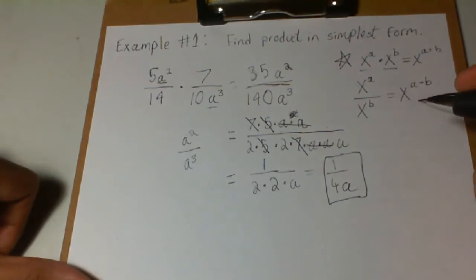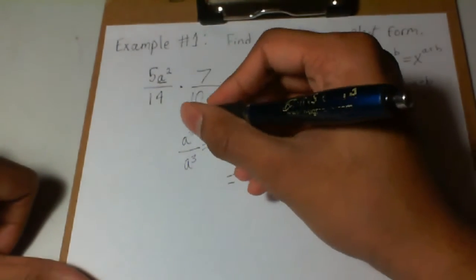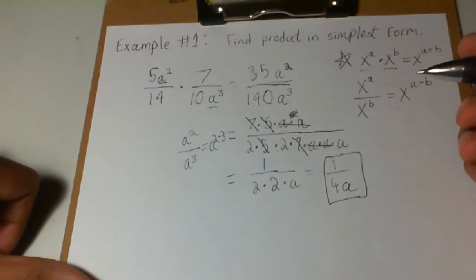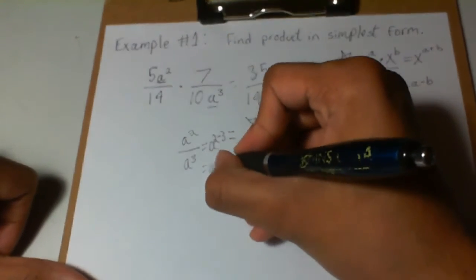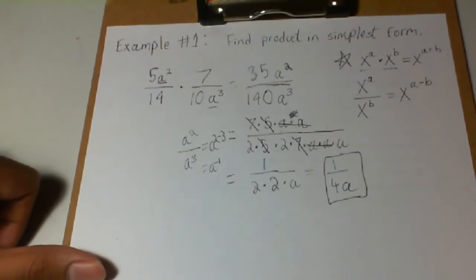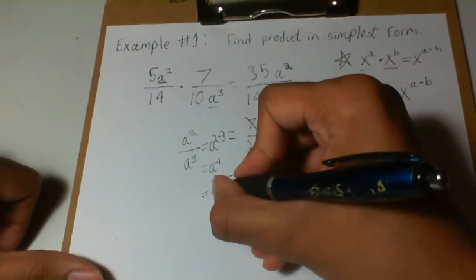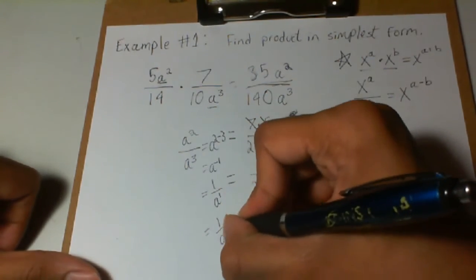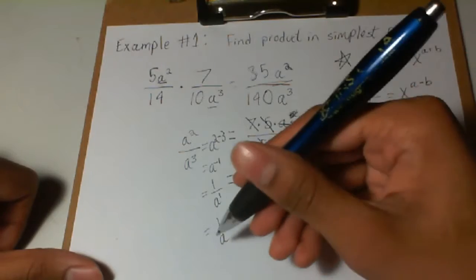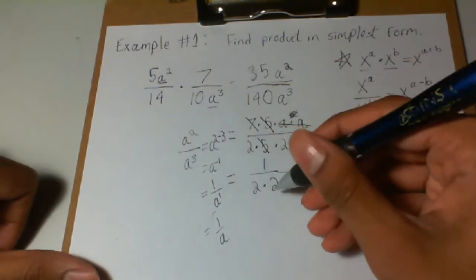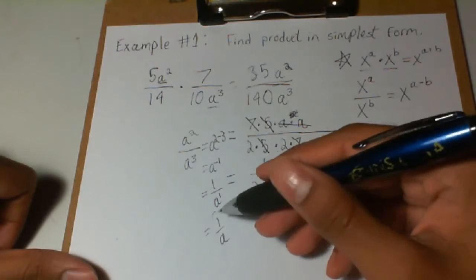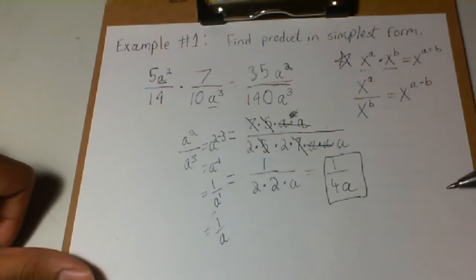Instead of separating them, you would get a to the 2 minus 3, which is just a to the negative 1. And any variable to the negative 1 is just 1 over a to the 1, which is just 1 over a. And it would be the same, because you would have 1 over 4 times 1 over a, which is the same thing as 1 over 4a.